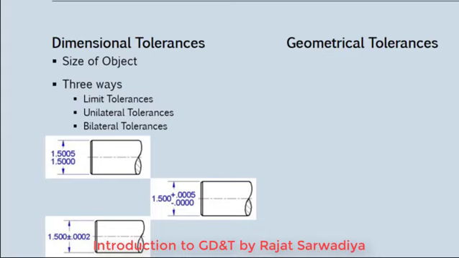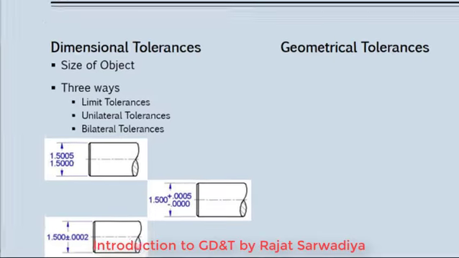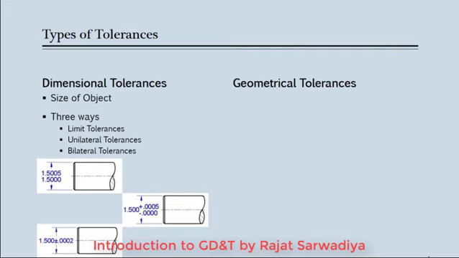There will be some upper value, there will be some lower value to the deviation. I hope you are clear with the different types of dimensional tolerances: the limit tolerances, unilateral and bilateral tolerances. Then comes another type of tolerances, the geometrical tolerances, the topic for the day.